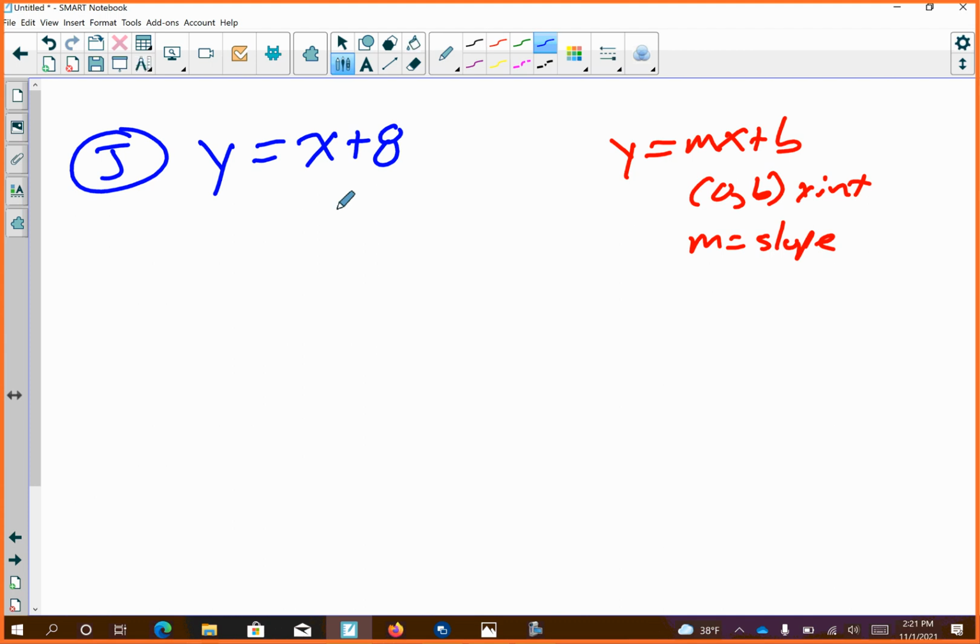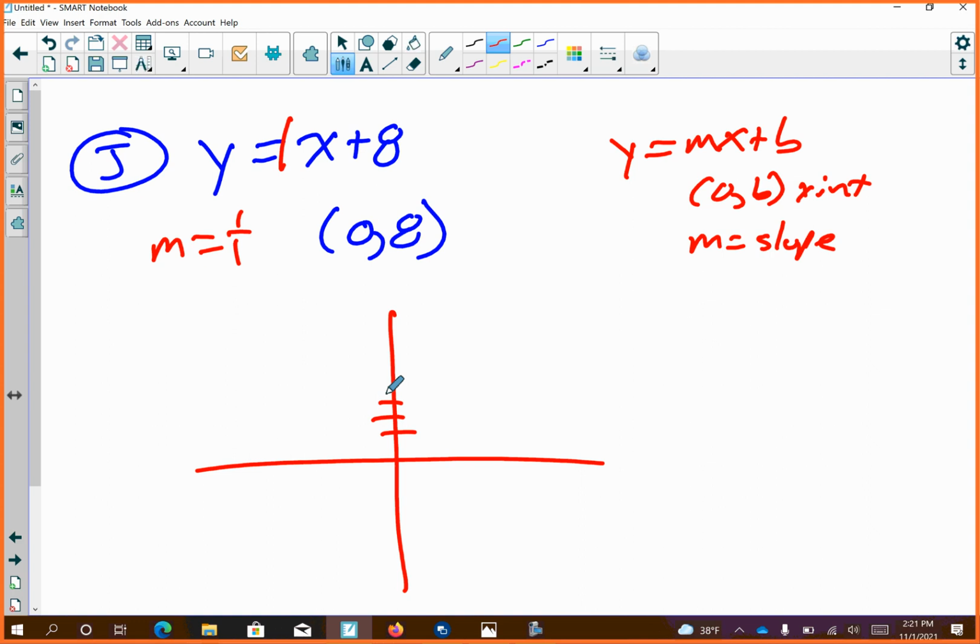So I'm pretty sure I'm good with a y-intercept of 0 comma 8. What does my slope have to be then? I'm not seeing anything in front of the x. What number has to be there for x to exist? Not 0. 0 would mean it's gone. So it's 1. So my slope is 1 over 1. So if I graph this, 0 comma 8 with a slope up 1, right 1, connect the dots, giddy up.